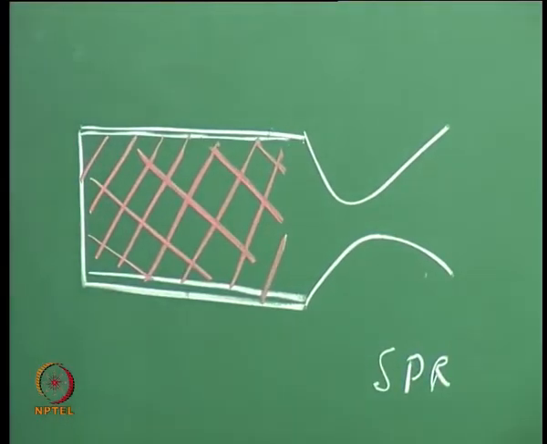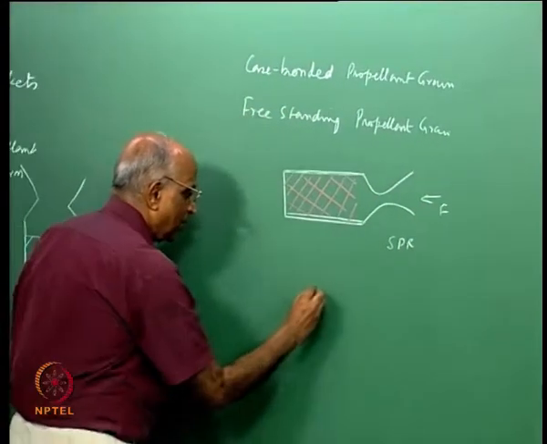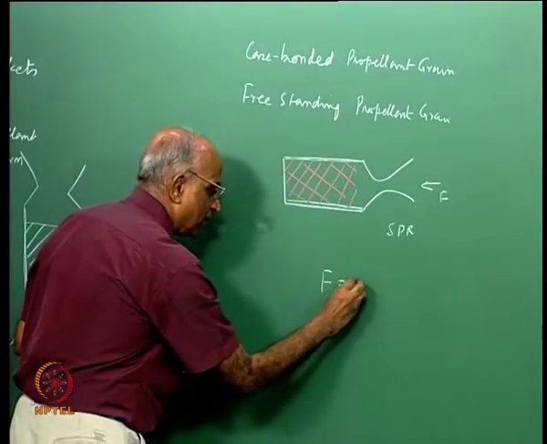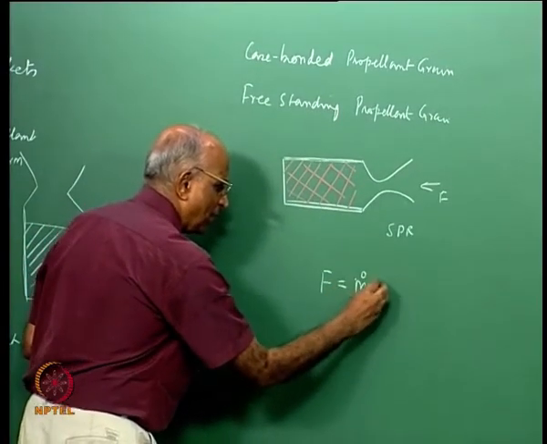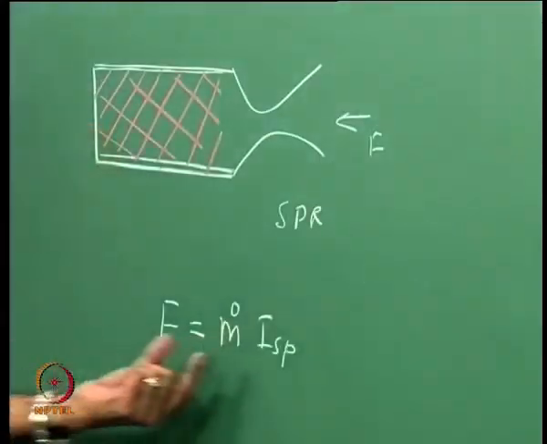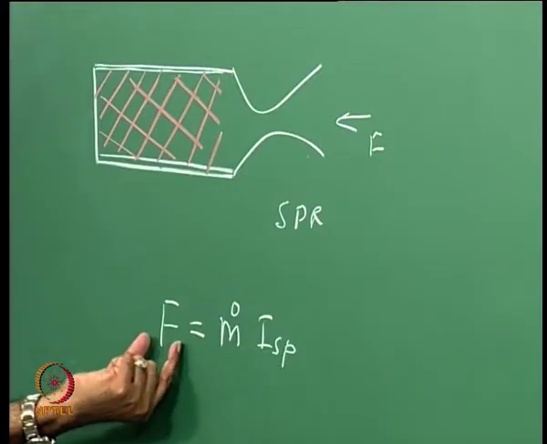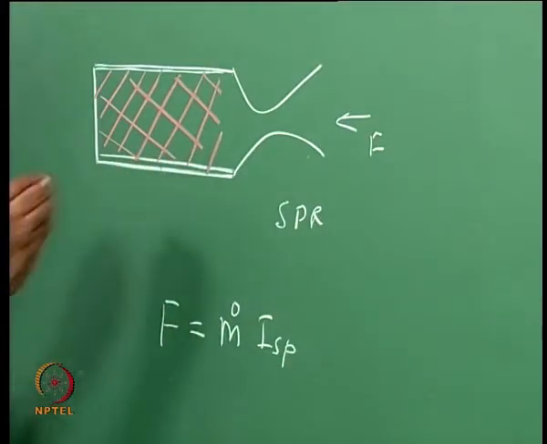But what is it we want a rocket to do? We want the rocket essentially to generate some thrust. In other words, I say the thrust of the rocket is equal to m dot into Vj, or m dot into the specific impulse. We learned how to calculate the specific impulse, and supposing I want to generate a large force, I want to generate more mass flow from the burning propellant.